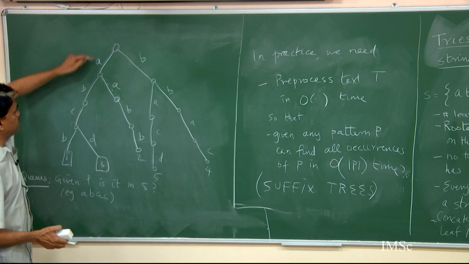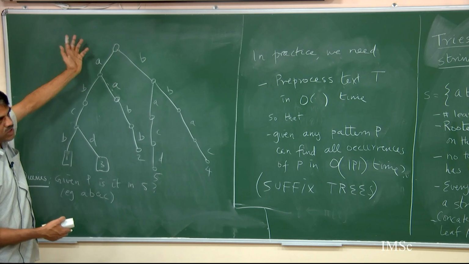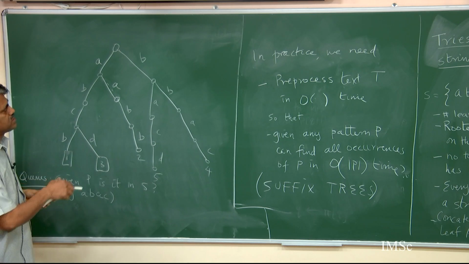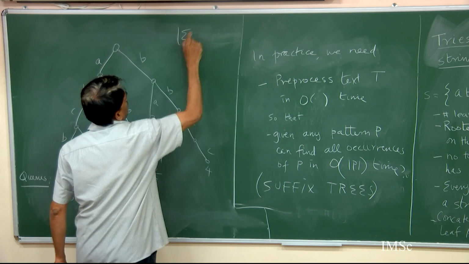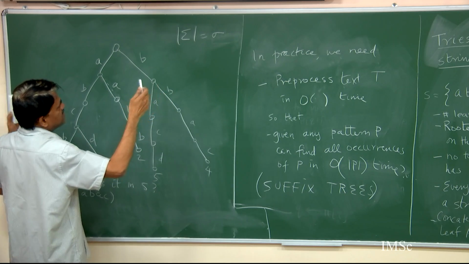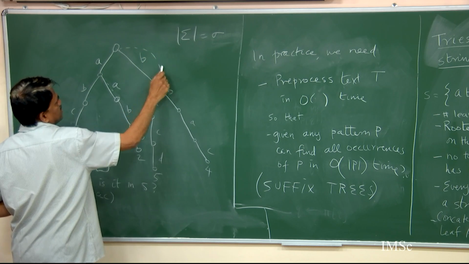I start from here, so basically the children of the node each have a label. I look at my child, and there are many ways to represent this. You can think of it as a sigma-ary tree. Imagine that if your alphabet size sigma is 3, then there may be A, B, and an empty C. This is an empty tree.